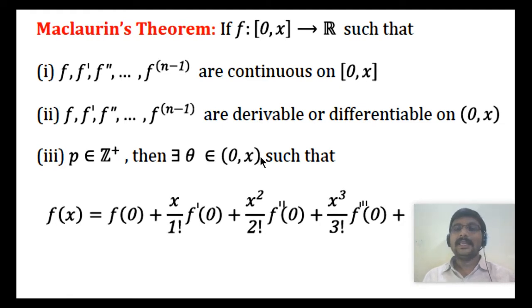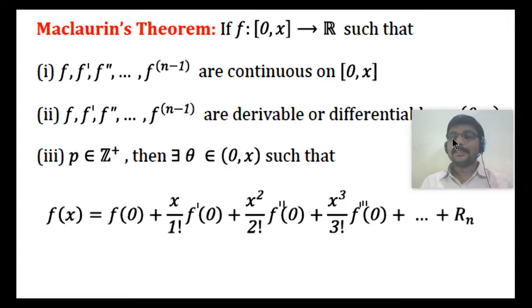The condition is f of x is f of 0 plus x by 1 factorial f dash of 0 plus x square by 2 factorial f double dash of 0 plus, and so on, plus x power n by n factorial f nth derivative at theta x, where Rn is called Lagrange's form of remainder.